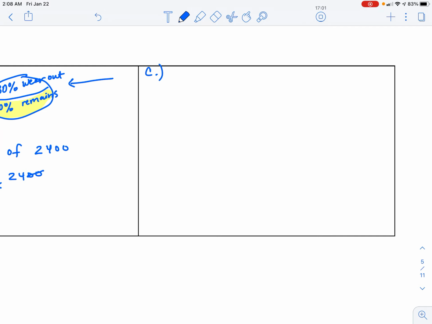Letter C. Christopher and Chad collected 40 items. Okay, so that's what they have in the beginning. 40 items. That's before. When they added Kathy's items, their total increased by 150%.